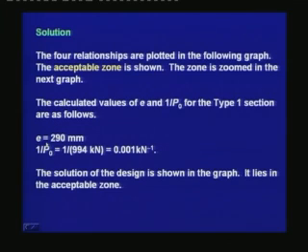E was rounded off to 290 millimeters, P0 is equal to 994 kilonewtons, hence 1 by P0 is equal to 1 divided by 994 is equal to 0.001 kilonewton to the power minus 1. The solution of the design is shown along with the graph. It lies in the acceptable zone.